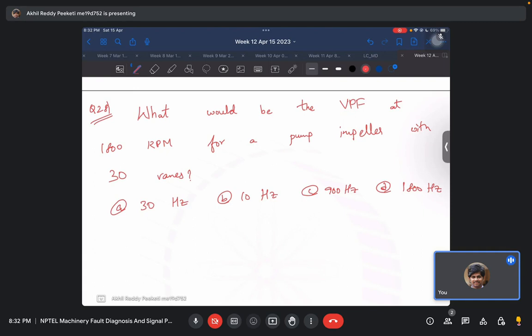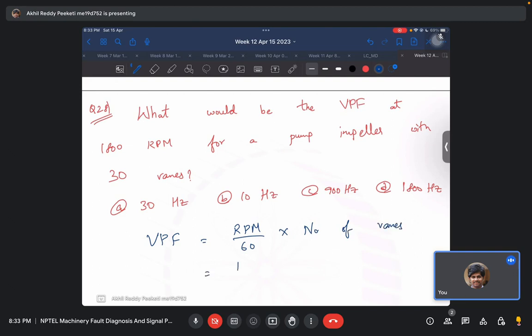What would be the vane pass frequency, VPF, at 1800 RPM for a pump impeller with 30 vanes? So for a pump impeller with 30 vanes, what should be the vane pass frequency? The vane pass frequency is RPM by 60 into the number of vanes.